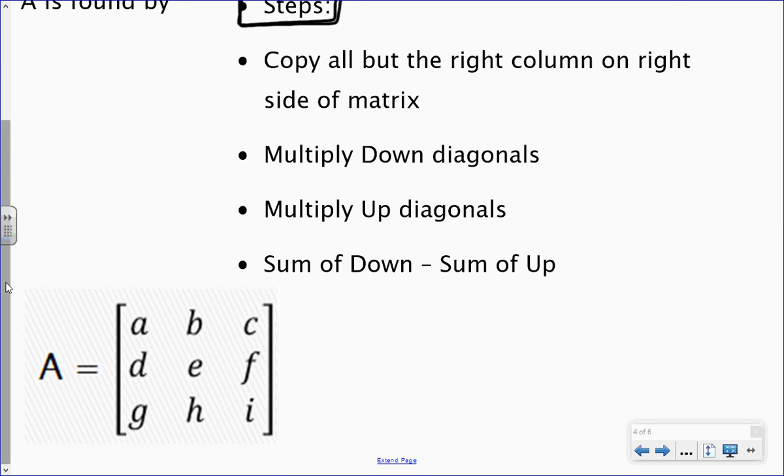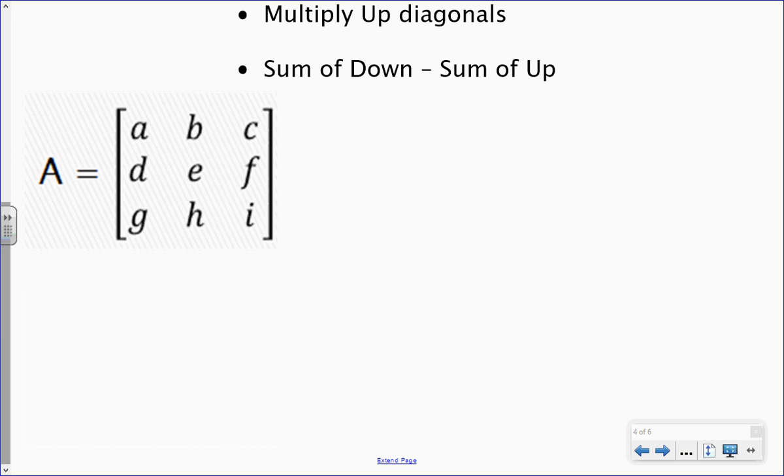So go ahead and write down this generic matrix: A, B, C, D, E, F, G, H, I. Okay, so it says copy everything but the right column.